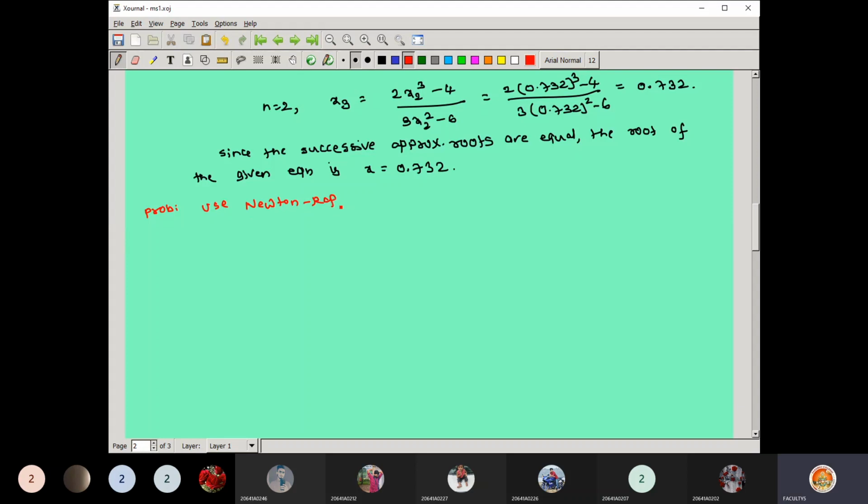So use the Newton-Raphson method to find a root of, I'm just giving you, x square plus 2x minus 2 equal to 0. A very simple one is given here, and you are going to calculate its root.